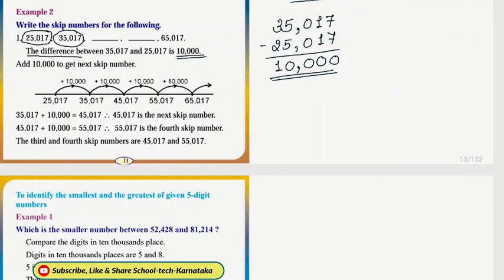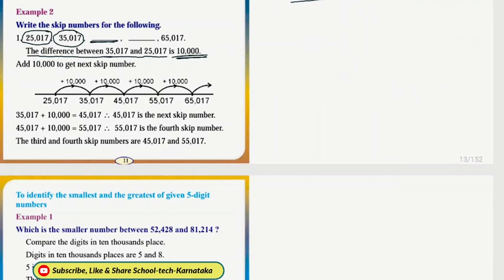The difference between 35,017 and 25,017 is 10,000. So, what do we have to do to find our next number if you remember correctly? Exactly, we need to add 10,000 to this number.